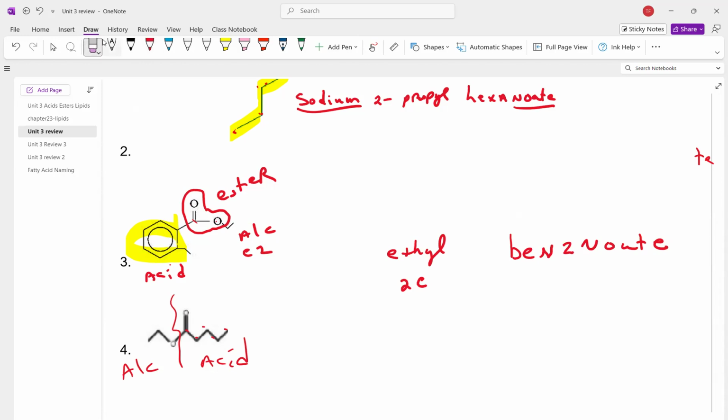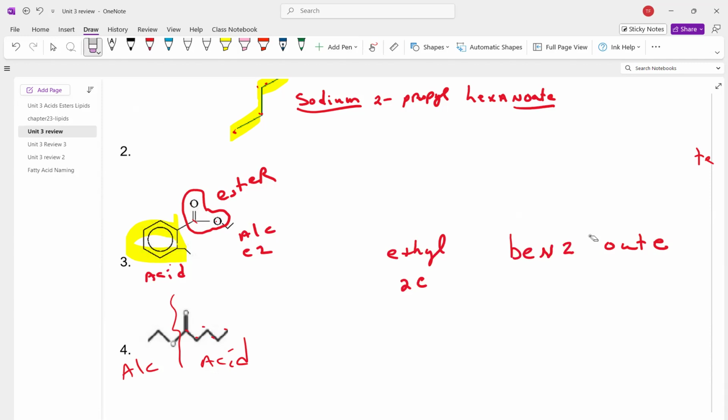I'm going to drop the N. So it's benzoate. You drop the N only with benzoate. Everything else has got a noate because it comes from the noic acid part of the acid from which you start. Okay. So it's ethyl benzoate.